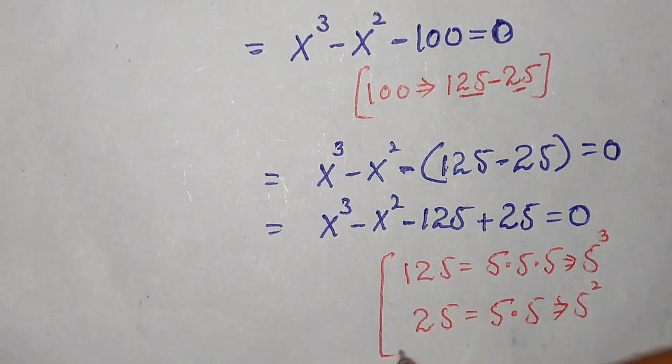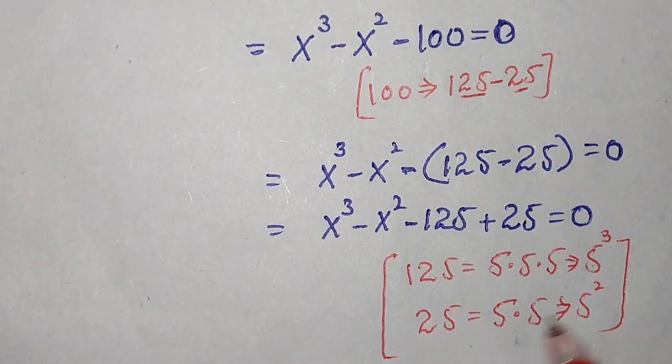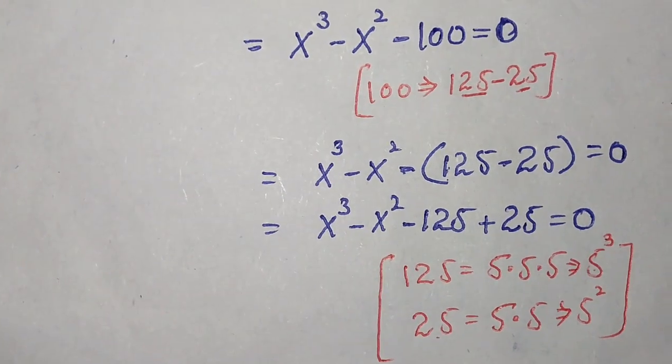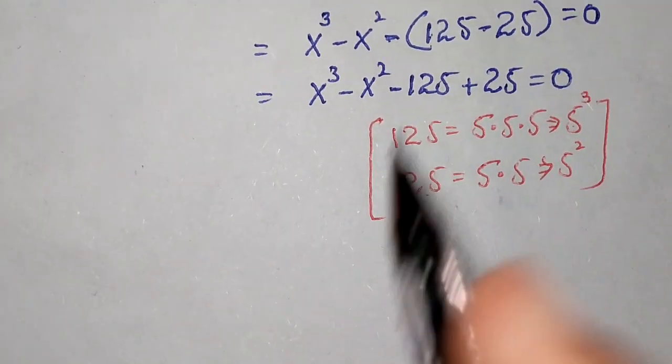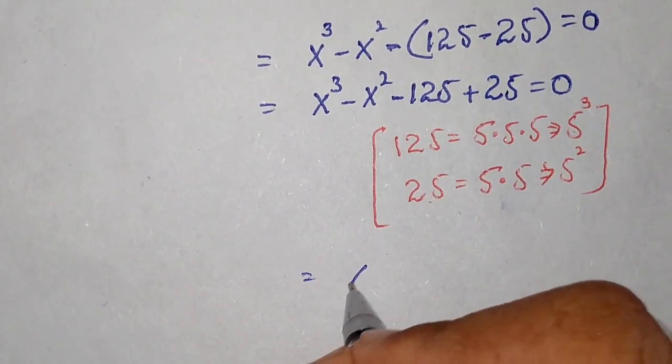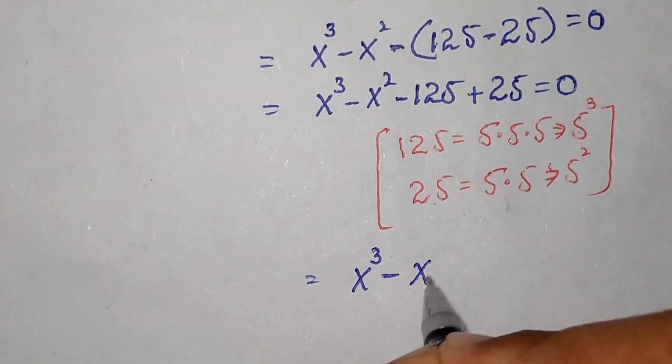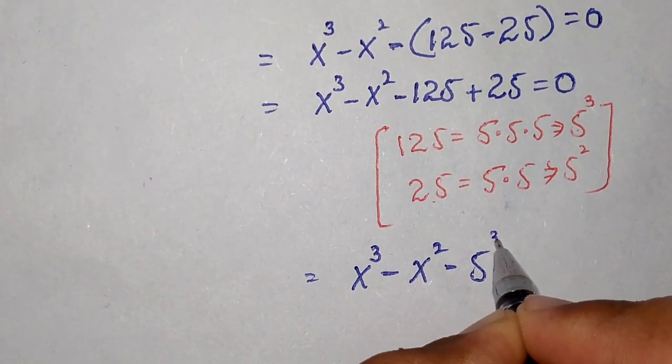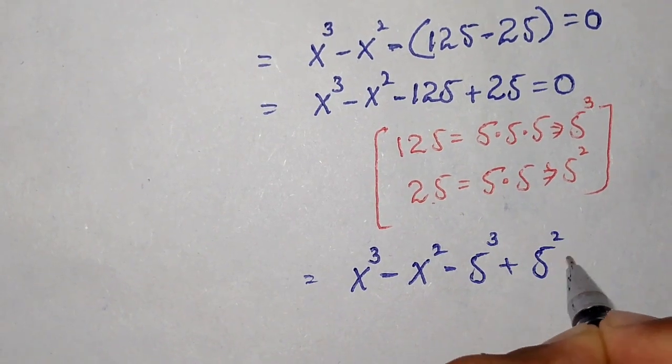So we have to replace 125 by 5 to the power of 3 and 25 by 5 square. So this will become x cube minus x square minus 5 to the power of 3 plus 5 square, which is equal to 0.